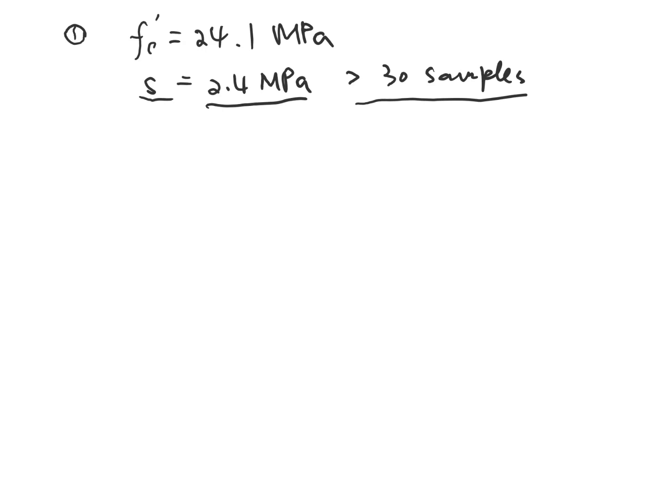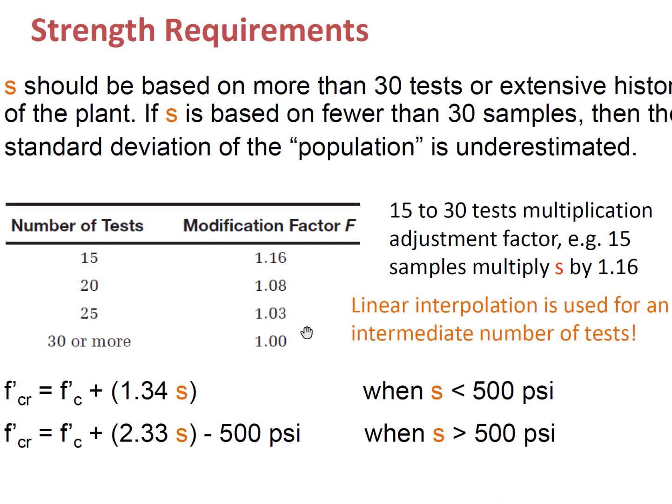So next, let's see how to calculate the required strength, f'cr. We can check the previous slides about which formula we are going to use. You see here, because we don't need a multiplication factor, we directly use S. We can compare the value of S with 500 psi. If it's less than 500 psi, we are going to use this formula.